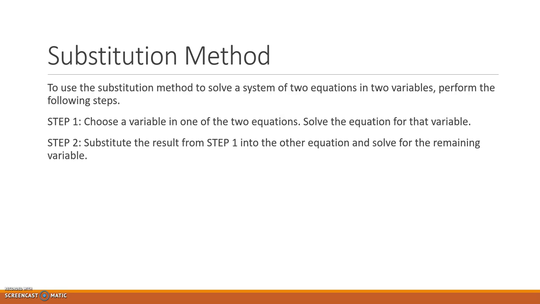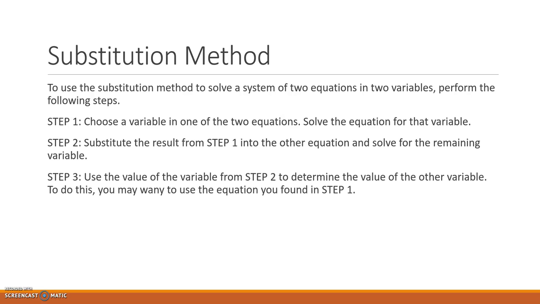Once we've done that, step two is to substitute that equation we found into the other equation and solve for the remaining variable. Now, once we have a value from the variable of step two, we can use that to determine the other variable.